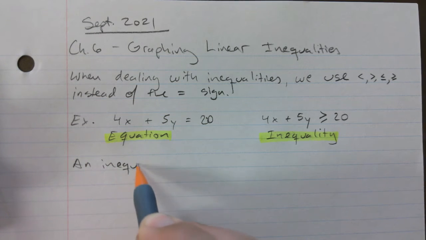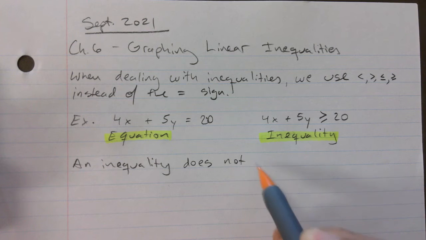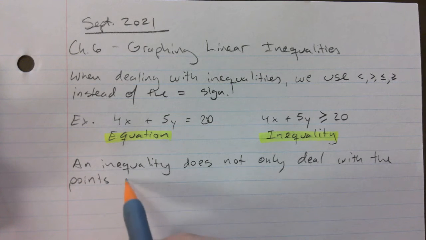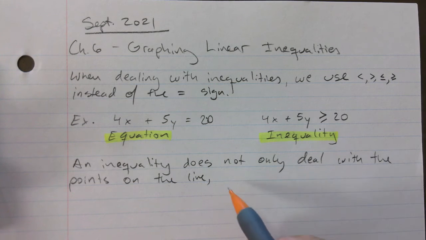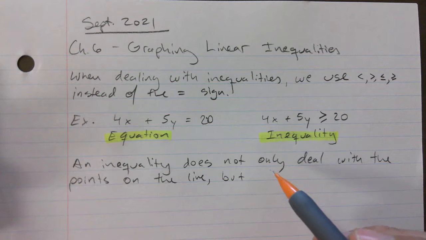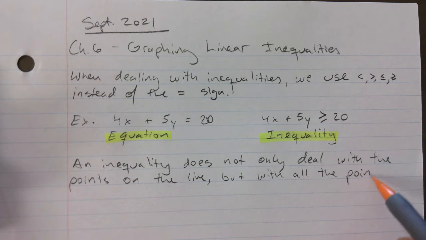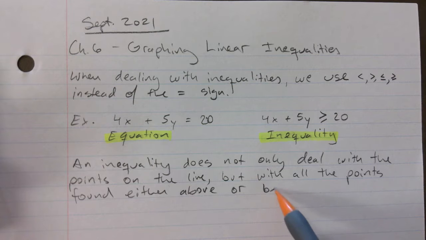An inequality does not only deal with the points on the line, but with all the points found either above or below the line.